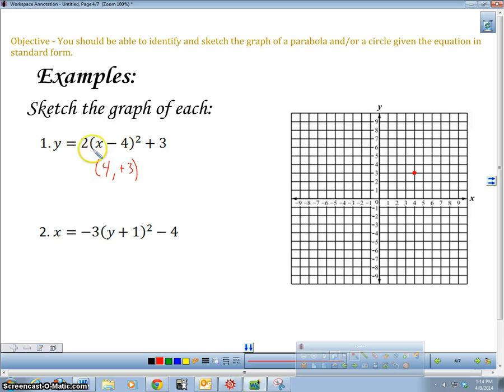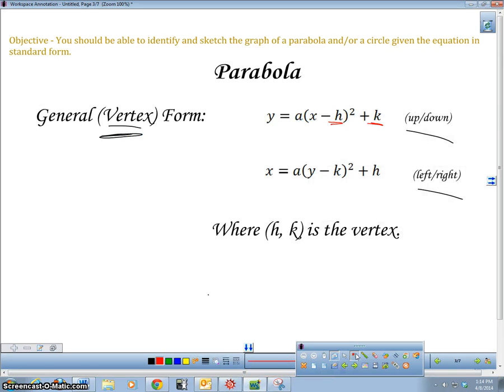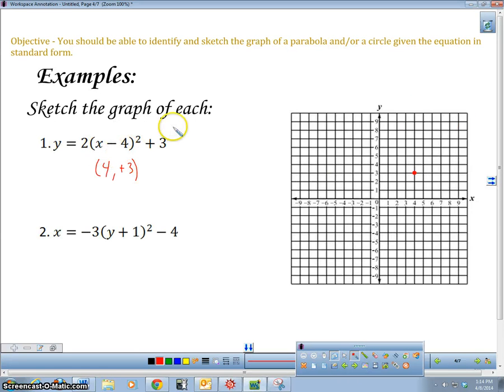And then we need to know if it's up or down or left and right, and because the y is not squared and the x is, this is an up or down one. So we know it's going to be up or down. So we're going to choose a point. It's easiest to choose the next number to the left and to the right of 4, so we're going to choose 3 and 5. I'm just going to make a little xy table here. So I'm going to choose x equals 3.